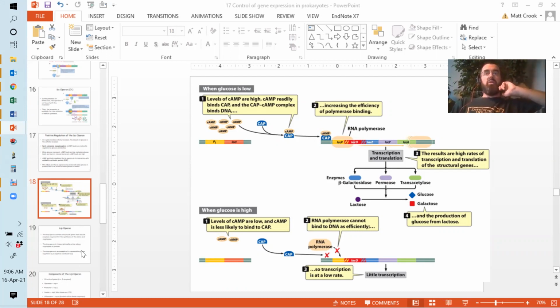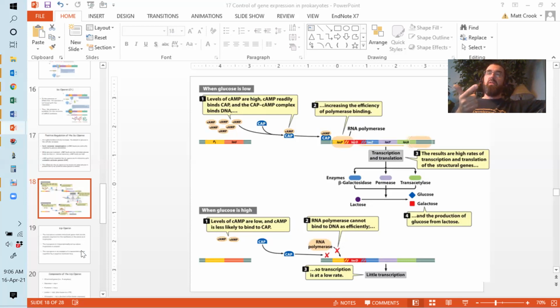Now the trp operon is serious business, right? So in some ways the trp operon is simpler because really we don't have two different conditions that we care about here. In the lac operon, is lactose present or absent?